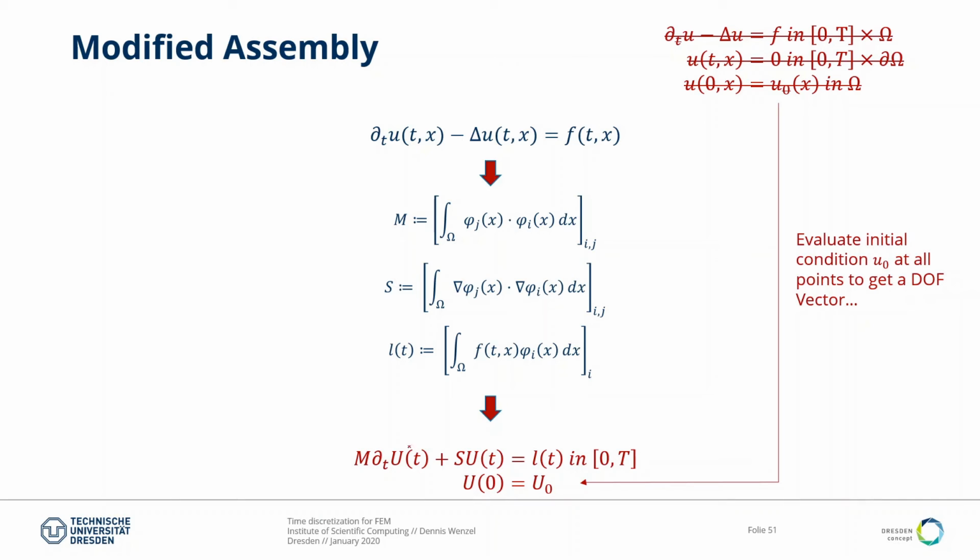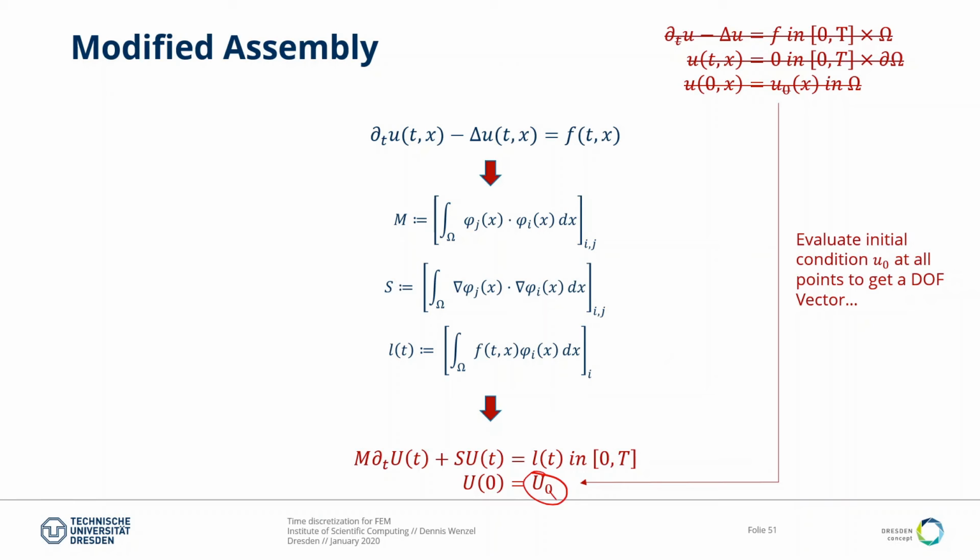Because u is represented by one of those time-dependent dot vectors, we also need to take this function u0 and represent it as a dot vector. And this is now just a standard dot vector, a constant one. So you evaluate your initial function u0 on your grid, and this gives you a representation of the initial function as a dot vector.